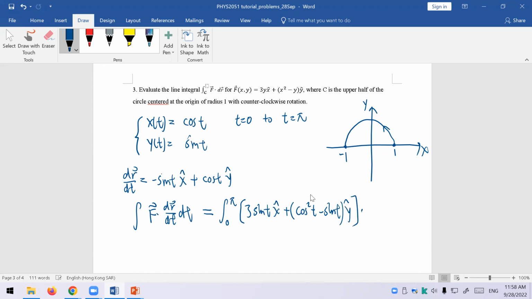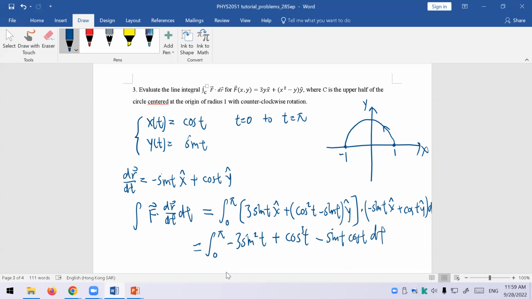And then dot product with this minus sine of t x hat plus cosine t y hat. So after doing all the dot products, you'll find something like this: 3 sine square t plus cosine cube t minus sine t cosine t dt.